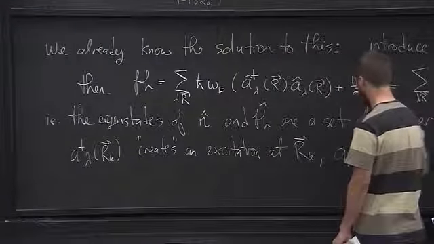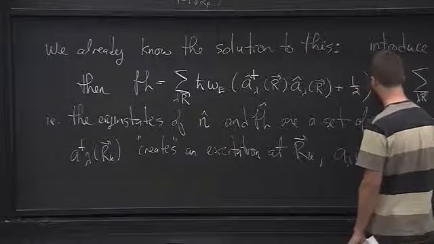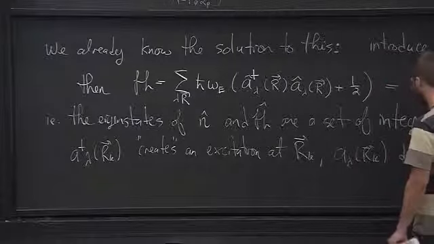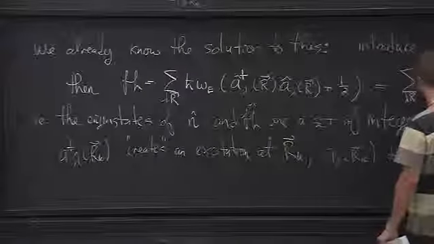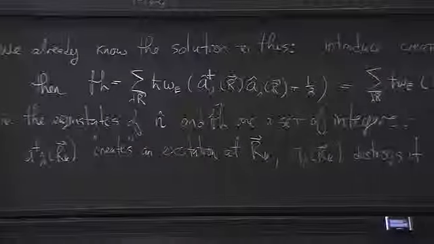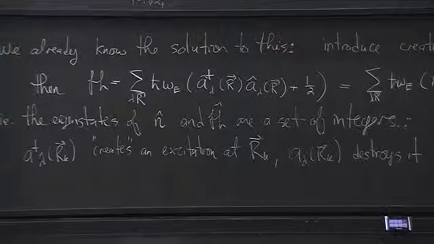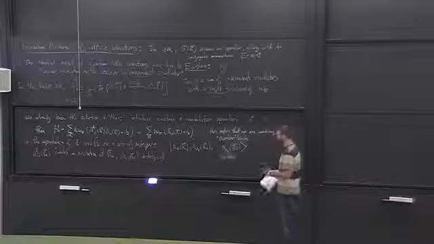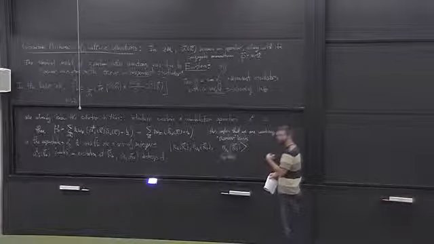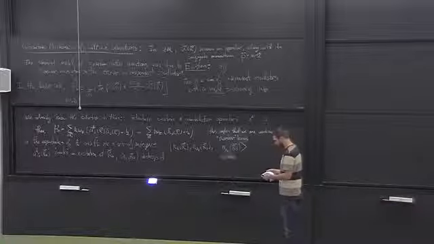A lambda R destroys it. Right, and you know how this works. It raises the number from 0 to 1 to 2, or back down again if it's A.